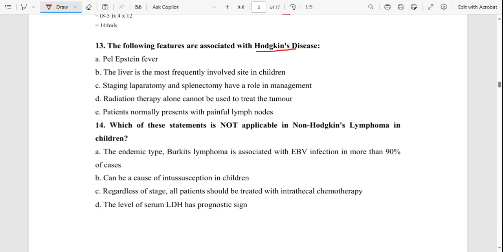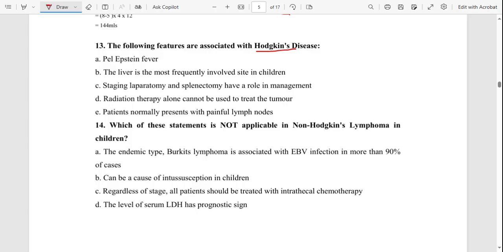Okay. The way you're going to diagnose Hodgkin's lymphoma is you can do an excision lymph node biopsy so that you can be able to see the Reed-Sternberg cells. You can also do imaging, for example, the PET-CT, if you want to help in staging the cancer. And you can stage the cancer using the Ann Arbor system from 1 up to 4.